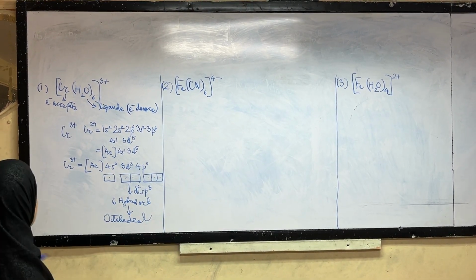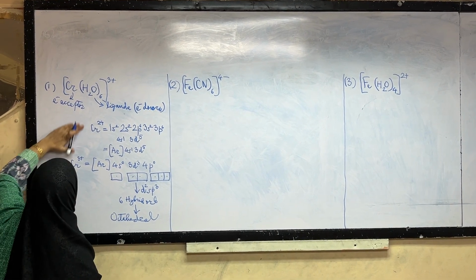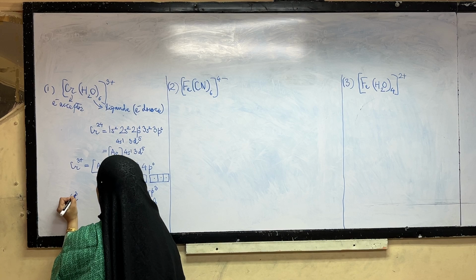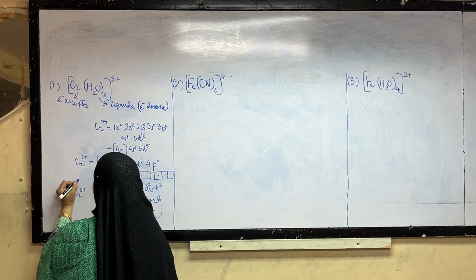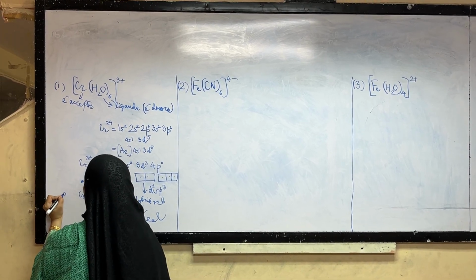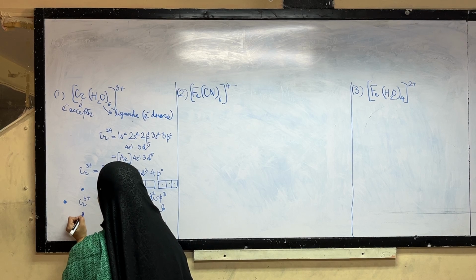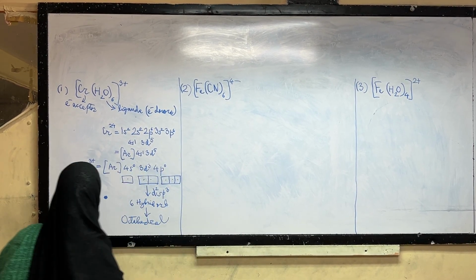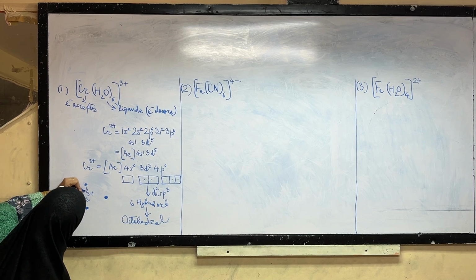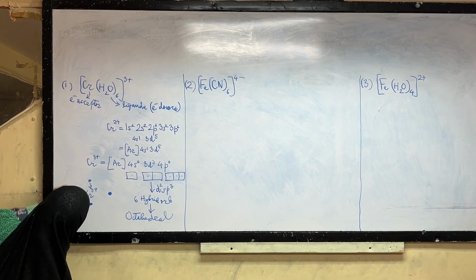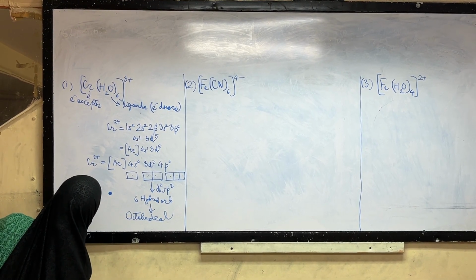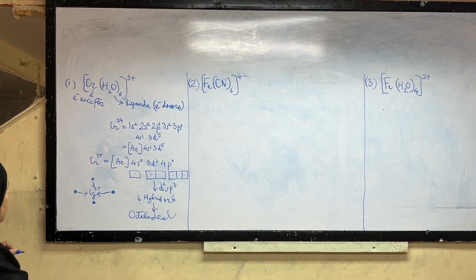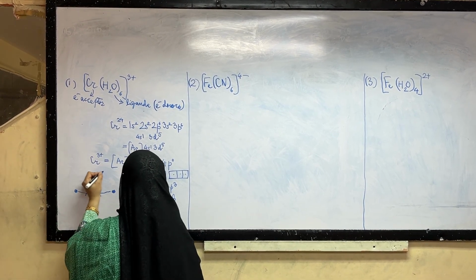So how does the structure of the octahedral complex look? There is a chromium in the center, chromium 3+. Then there are 4 water molecules in a plane. These big dots represent water molecules. They donate electrons to chromium, and the bonds formed are sigma bonds, and they're coordinate bonds where both the electrons are contributed by water molecules.